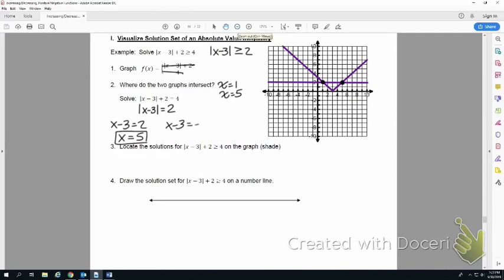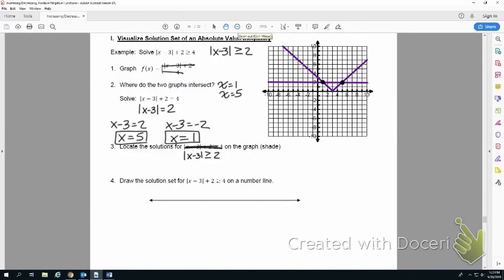Set it equal to negative 2. There it is at 1. So next it says locate the solutions for, and we didn't graph that, we graphed this, on the graph and shade.